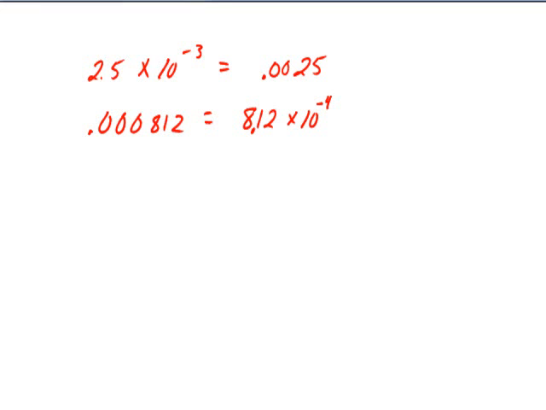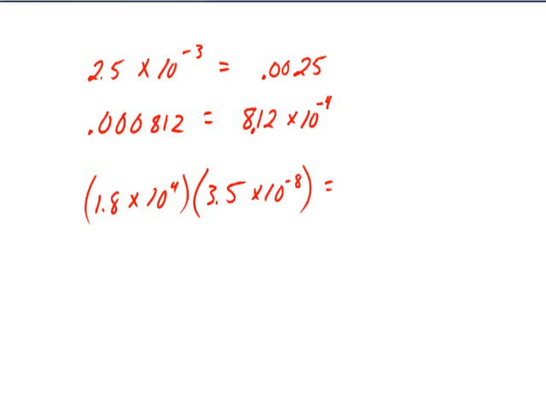When we work with multiplication and division problems in scientific notation, then we need to use our laws of exponents that we just took in the other section. For example, let's say we have the problem 1.8 times 10 to the 4th times 3.5 times 10 to the negative 8th.